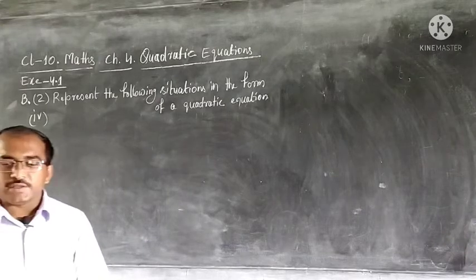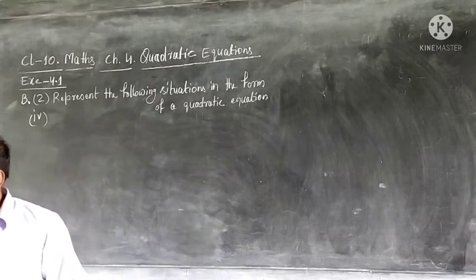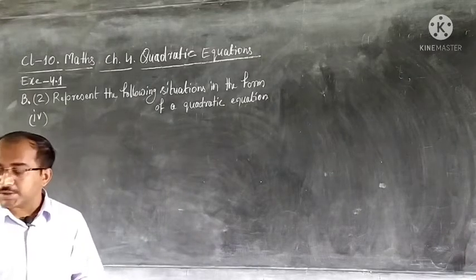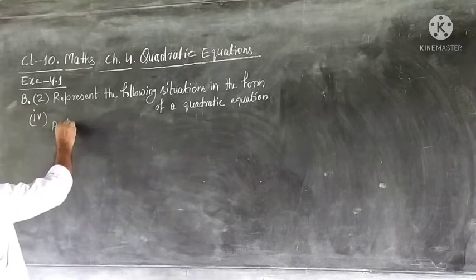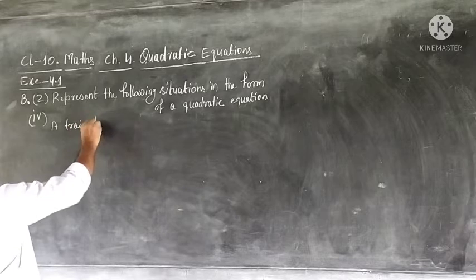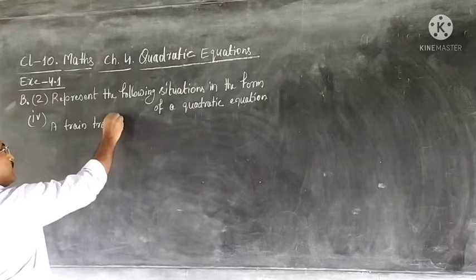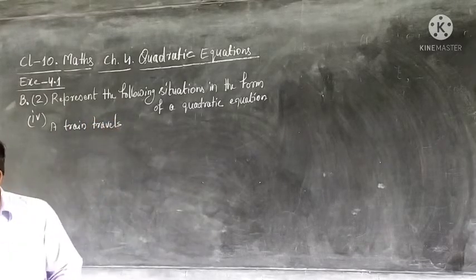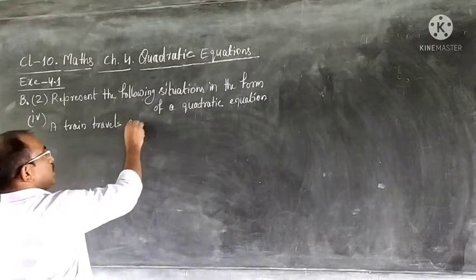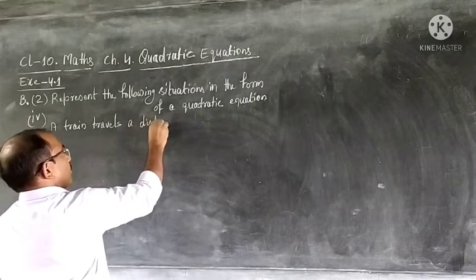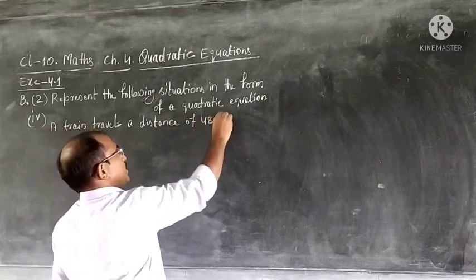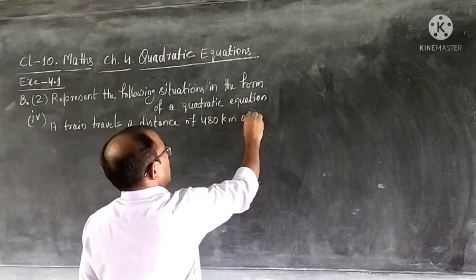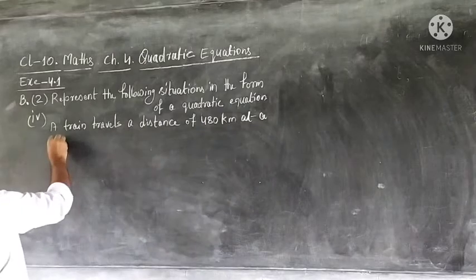The question is here, a train travels a distance of 480 kilometer at a uniform speed.